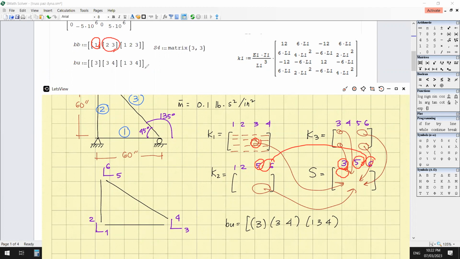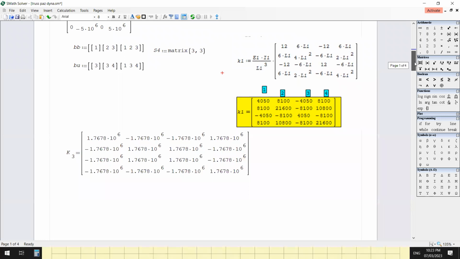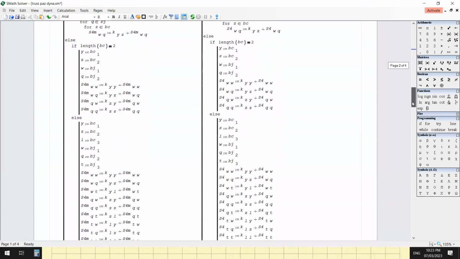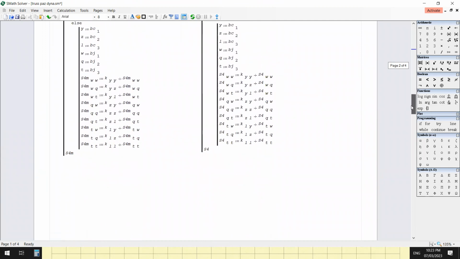And finally, for 3, 5, 6, the destination is 1, 2, 3, first, second, and third. That's how you encode the BU and BB matrix using this code.